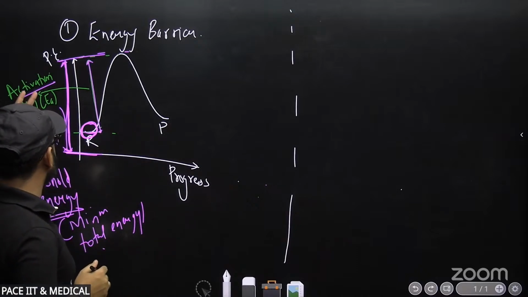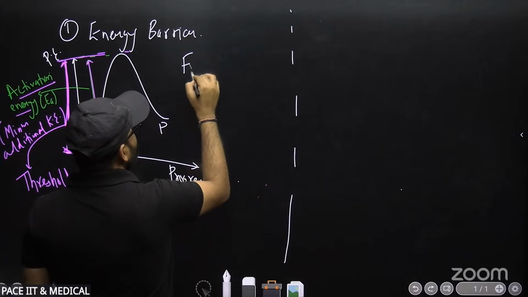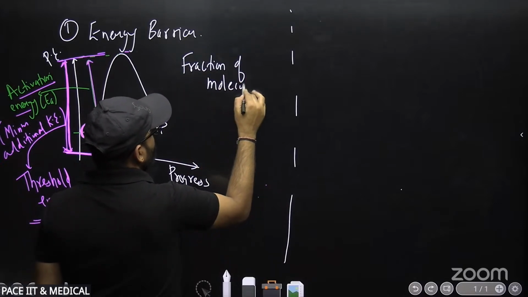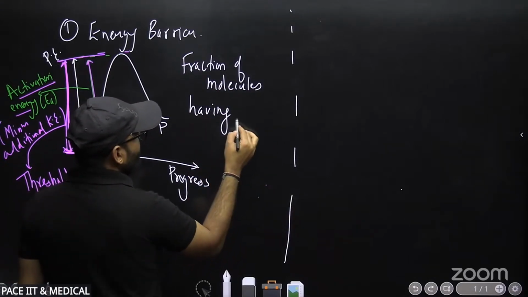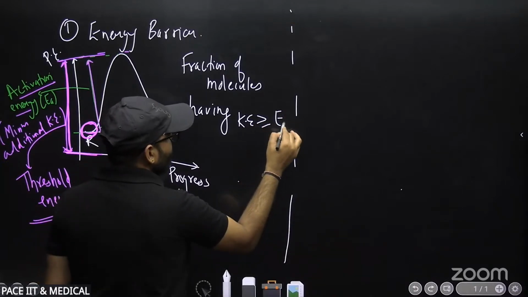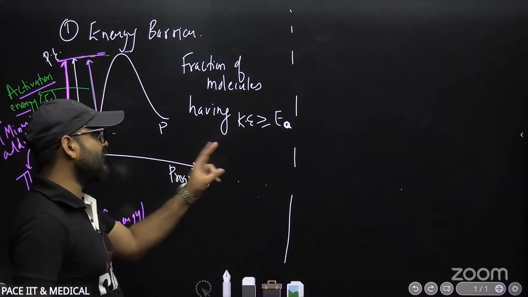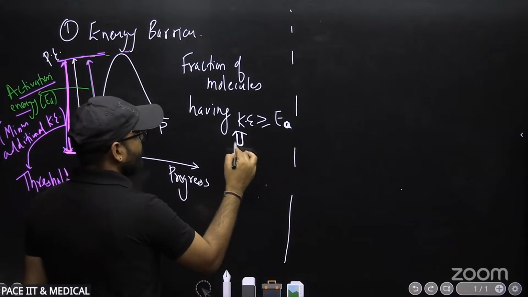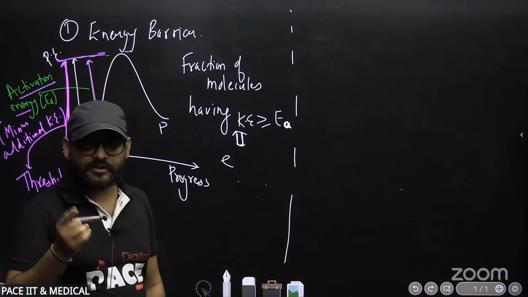So this is the difference between activation and threshold energy. I'm writing something. The fraction of molecules having that extra kinetic energy, additional kinetic energy, greater than or equal to EA, I'm writing directly from Maxwell's distribution curve.